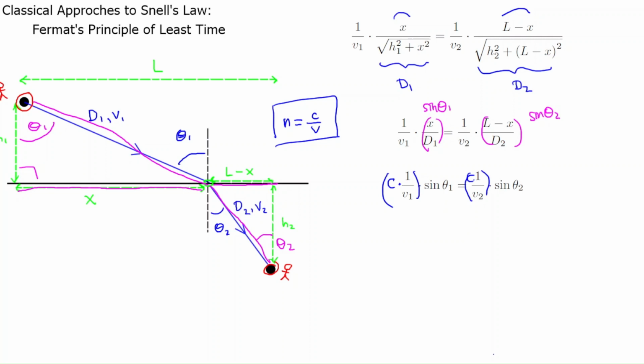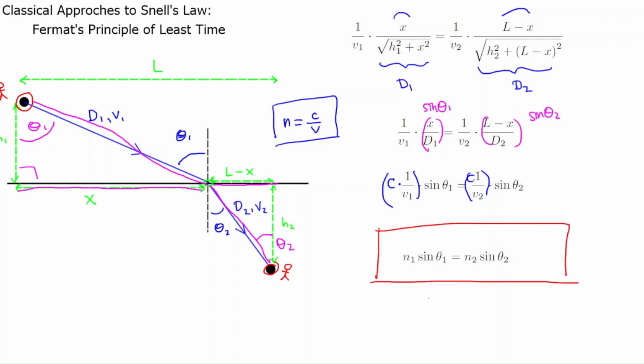So finally I can write that equation with the indices of refraction with the sines. So there we go. We have arrived at Snell's law here without having to assume that there are any wave properties at all going on.